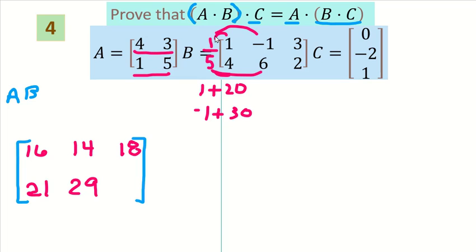Now we're going to move on to the third column. 1 times 3 is 3, plus 5 times 2 is 10. So that's 13.